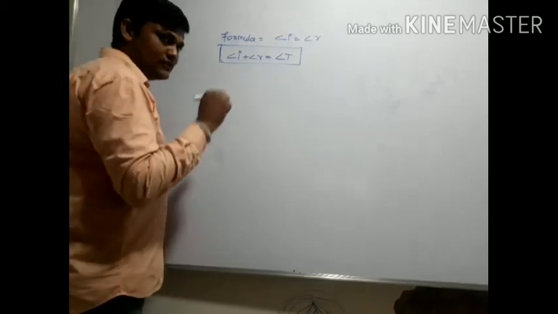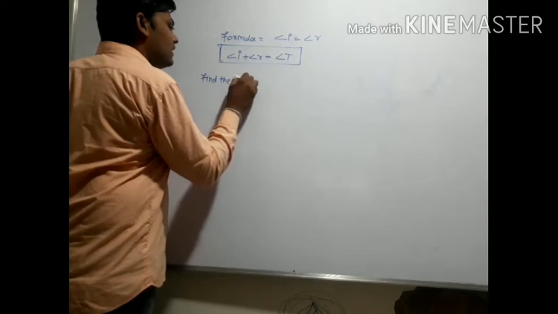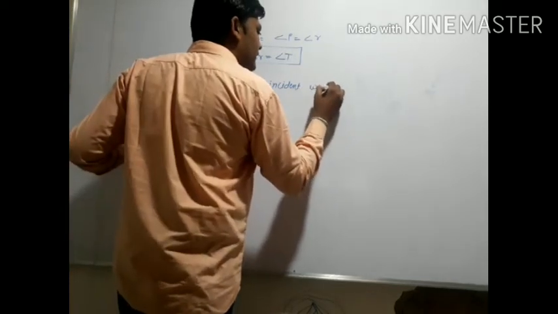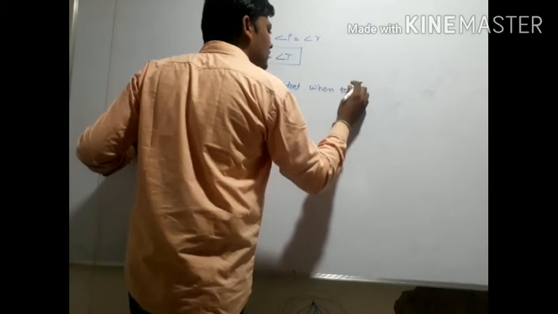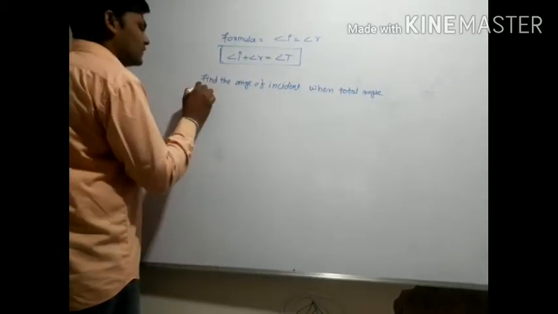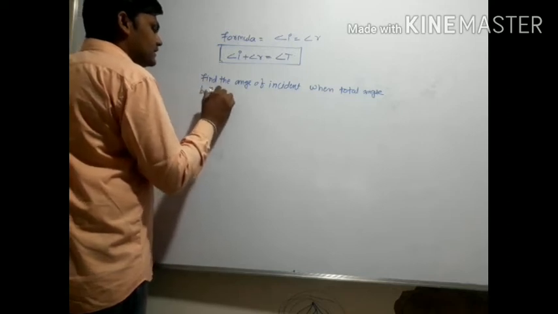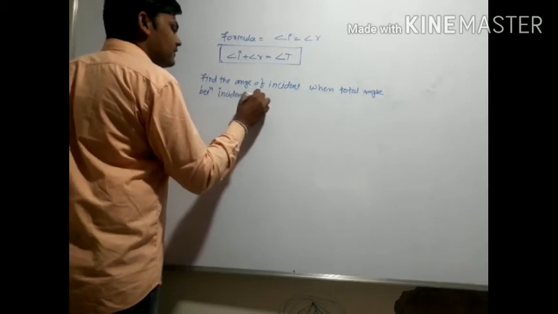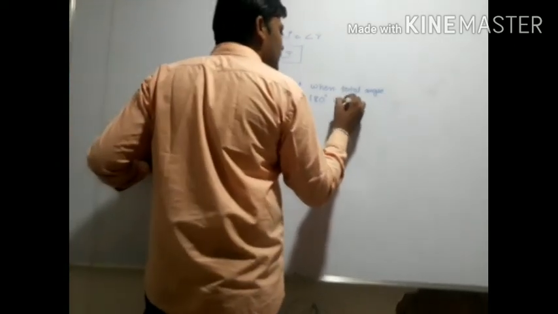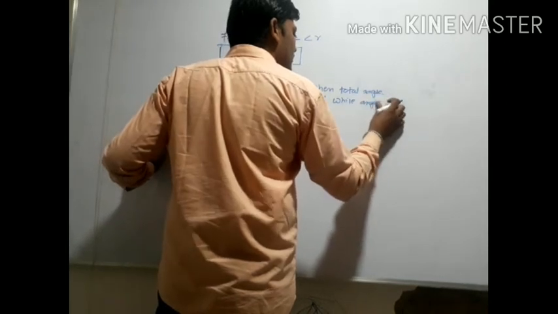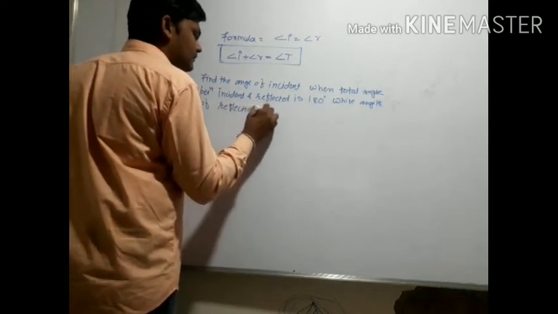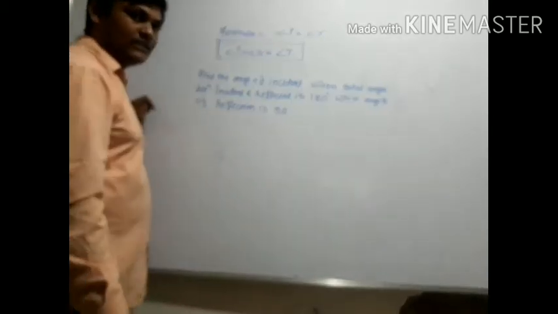Right now we have one numerical. First numerical: find the angle of incidence where the total angle between incident and reflected is 180 degrees, while the angle of reflection is 90 degrees.